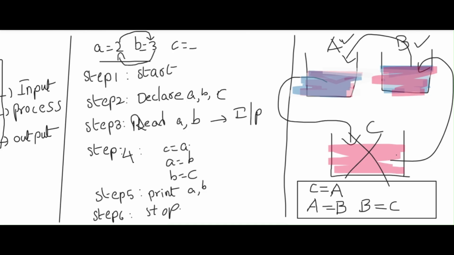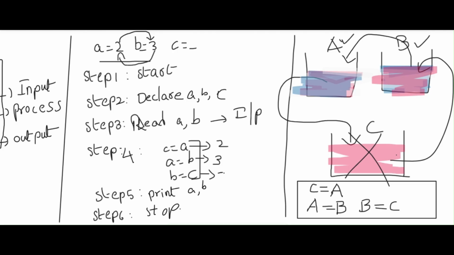Got it? Now you can see this by a dry run, as we call it, the dry run method. Just like the bucket of water, you can compare these variables. Initially, A is equal to 2, B is equal to 3. Into C, you're saving the value 2. Now C has 2. Then to A, you're copying B, so A will have 3.